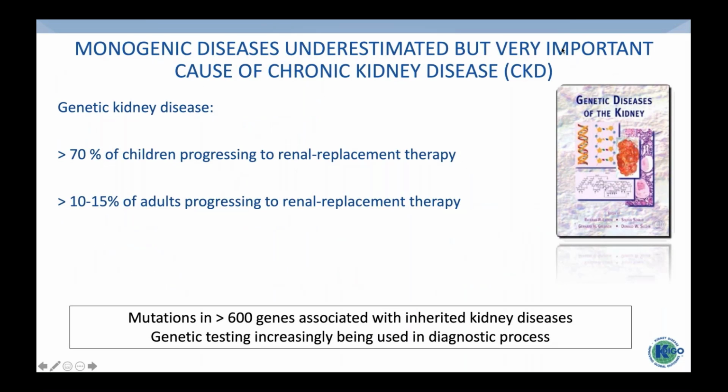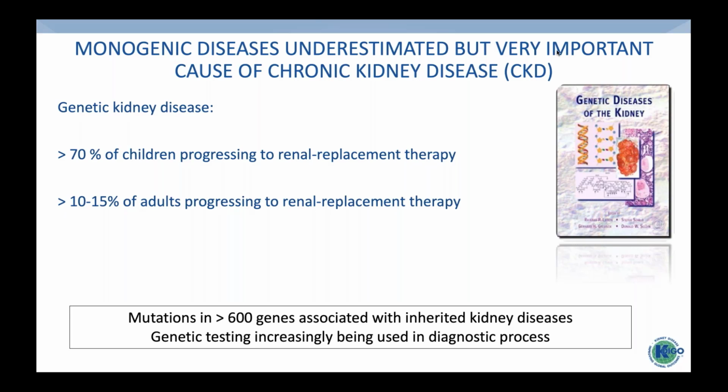Thank you very much, Andrew. So, as most of you probably know, monogenic diseases are actually an underestimated but very important cause of chronic kidney disease. By now, we know that genetic kidney disease is actually present in more than 70% of children progressing to renal replacement therapy. And this is also true for 10 to 15% of adults with end-stage kidney disease.